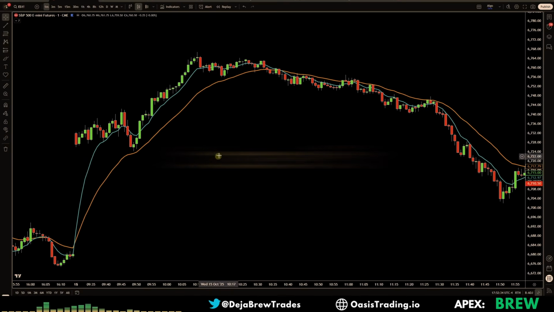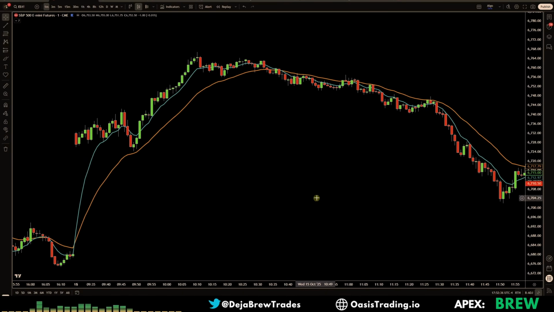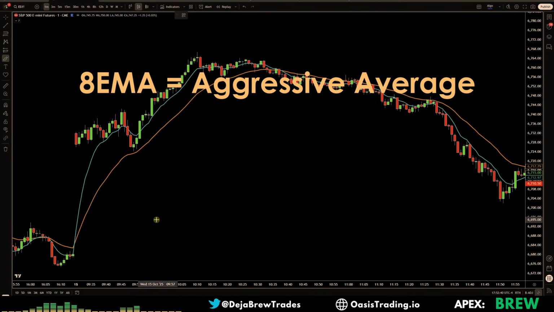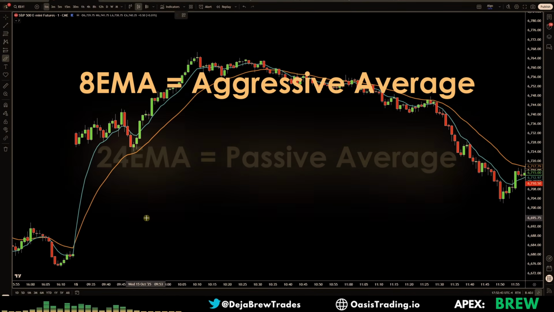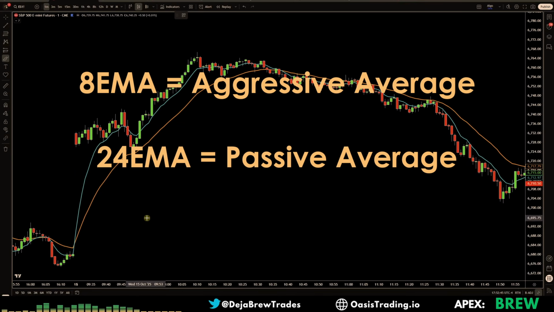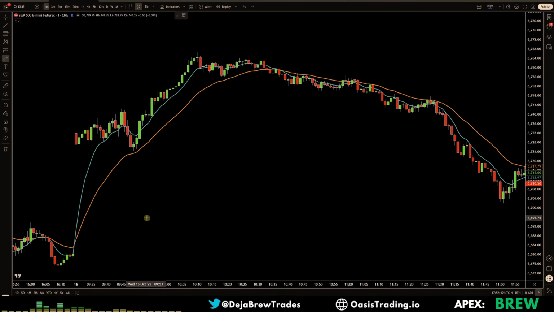And what I wanted to start off with before we get into the exact example here is I use the 8 EMA as the aggressive average, the 24 as the passive average. So what are we actually looking for when we are using them in our day-to-day charting?